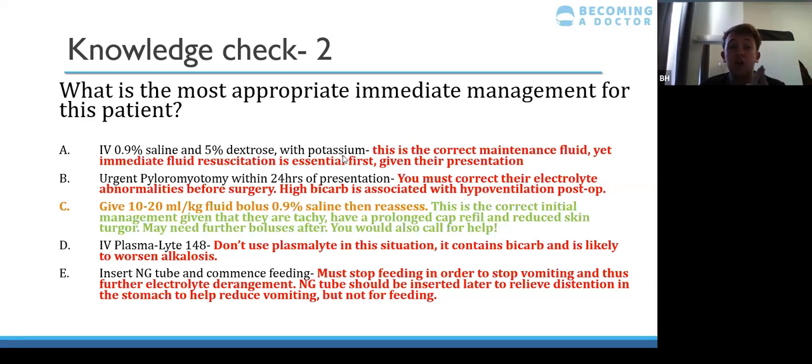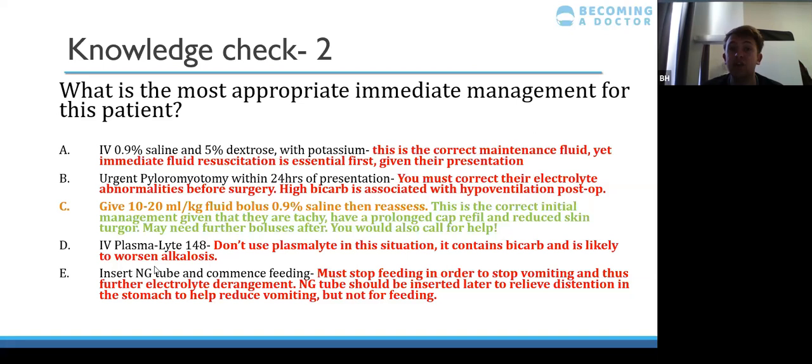Because it's the low chloride and the low potassium that stopped them doing that before. But if we replace it, then the kidneys can correct that alkalosis. So it's really important to correct their metabolic abnormalities. We wouldn't give Plasma-Lyte, that's got bicarbonate in it, and it's just not what we use.